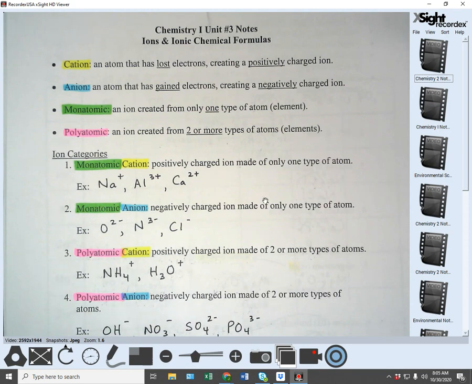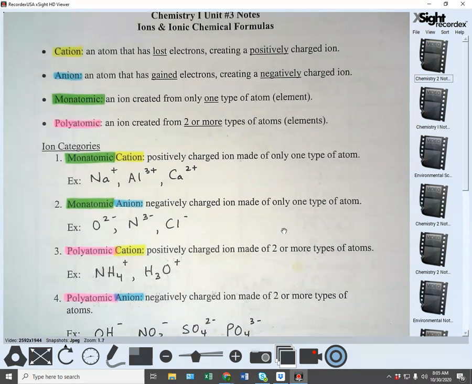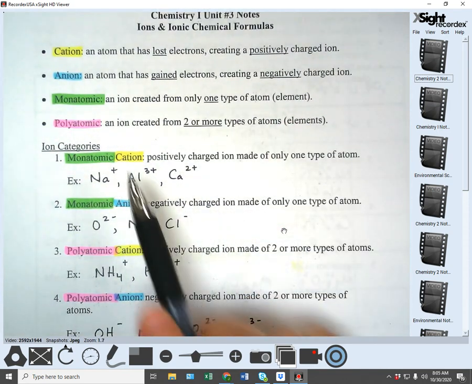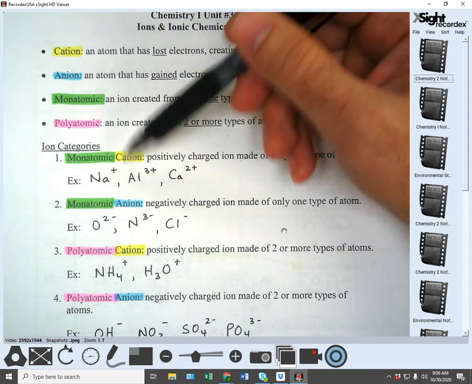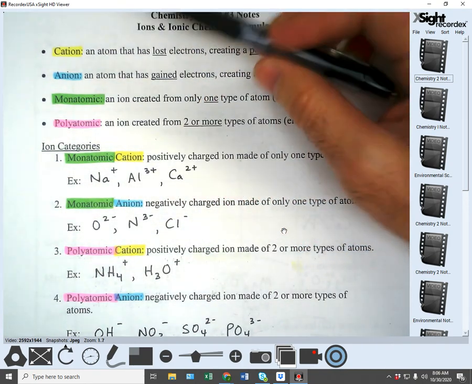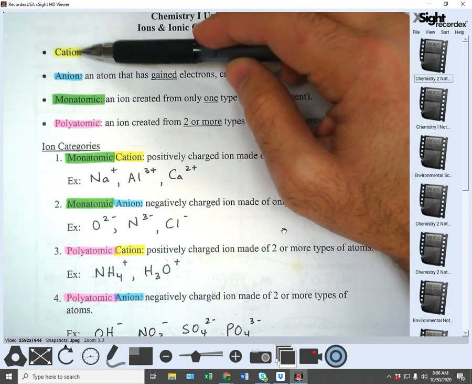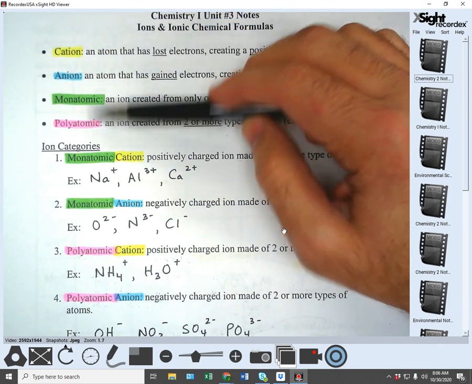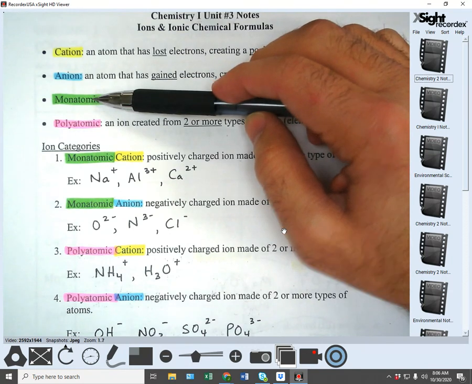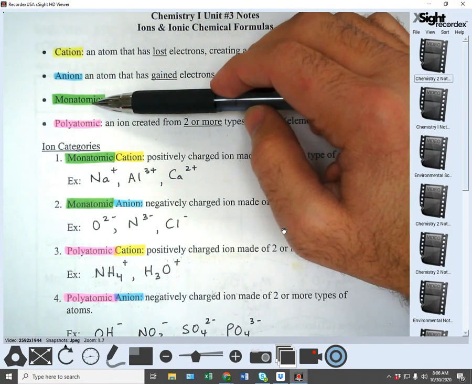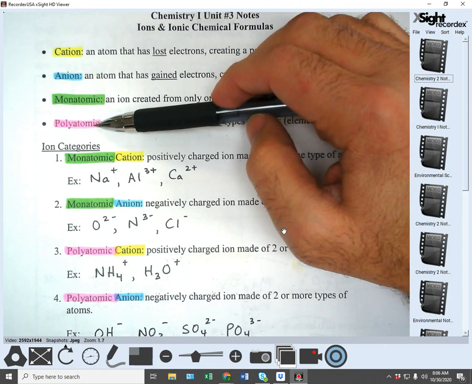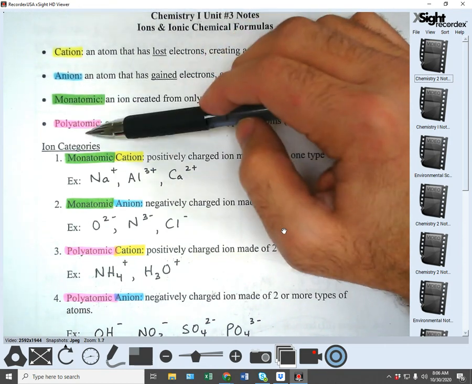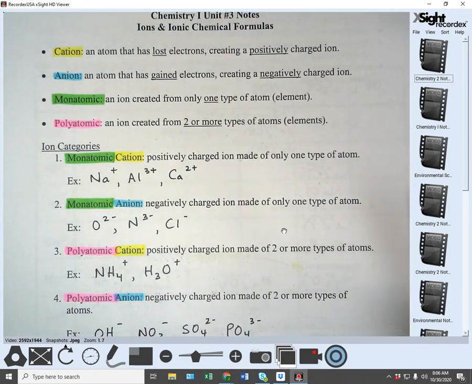And I highlighted down here to show you that essentially these four ion categories are just combinations. It's one of the two, either cation or anion, and then it's one of the two, either monatomic or polyatomic. So you get cation with monatomic, cation with polyatomic, anion with monatomic, anion with polyatomic. And that makes the four combinations here.